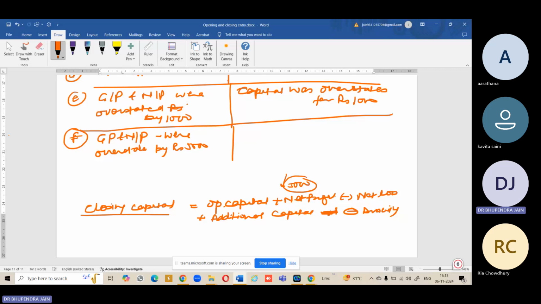Whenever your net profit increases, definitely capital is overstated by rupees 5,000.